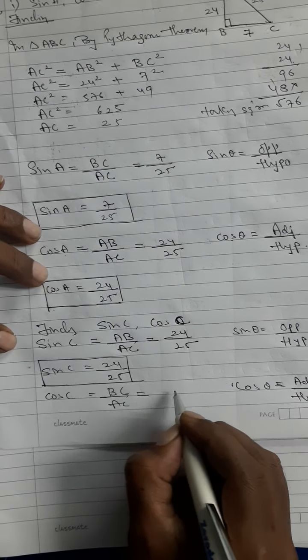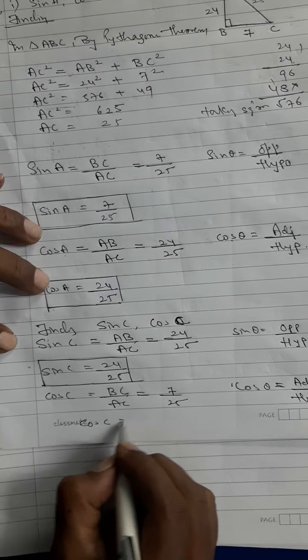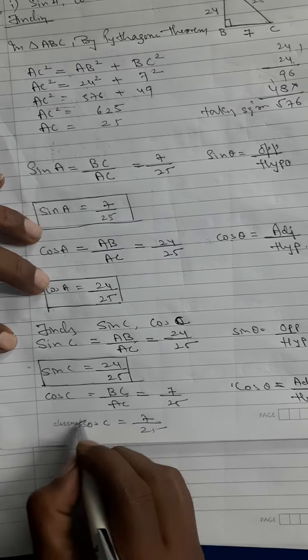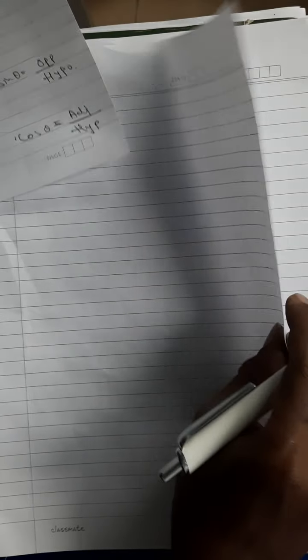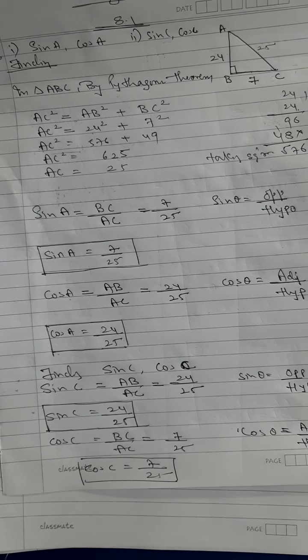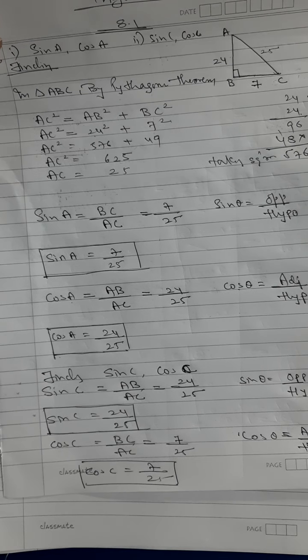BC is 7 upon AC is 25. So we get cos C is equal to 7 upon 25. Okay, similarly we can go to the next question. Sin C we have done, sorry. So this is how we will be doing. I hope you all have got this.